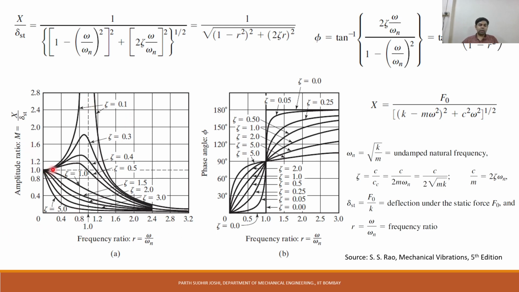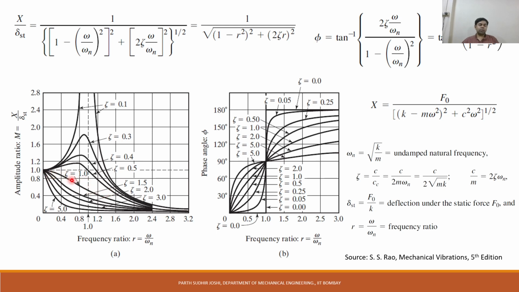We can see that there are different sets of curves for different values of damping ratio. As we go on increasing the damping, the amplitude at the resonant frequency goes on decreasing, and for damping ratio values greater than some limiting value, there is actually no resonance phenomenon that is observed.